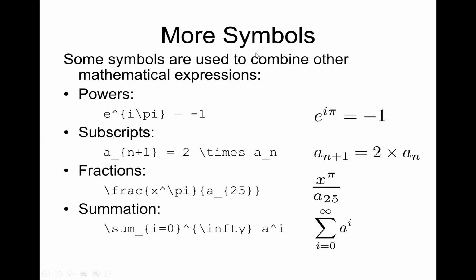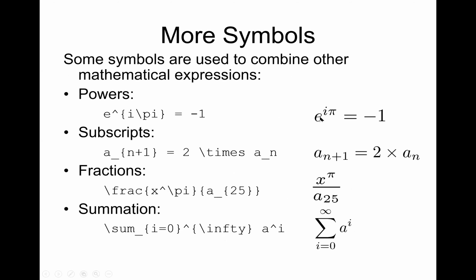More symbols. So we want to see how to type some of these things. Some symbols are used to combine other mathematical expressions, for example, how to type power. On the right hand side is the output, how you see it in LaTeX, and the left hand side is how you type it in the text editor.